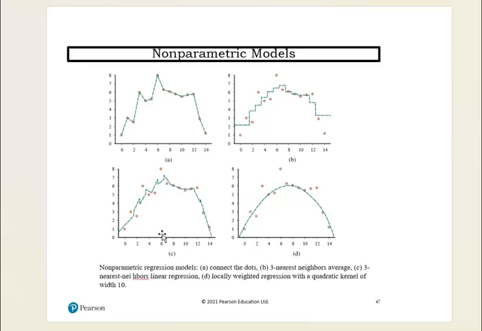The integral of the kernel value over the entire input space for x must be finite. If you integrate the kernel function over the entire input space, you can't be getting infinity. This guarantees that the weights are continuous.